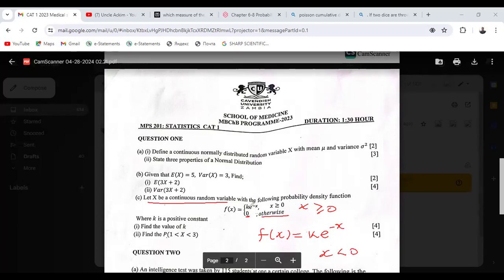So the function k e to the power negative x is only valid for x greater than 0. Then they are asking you, where k is a positive constant, find the value of k.